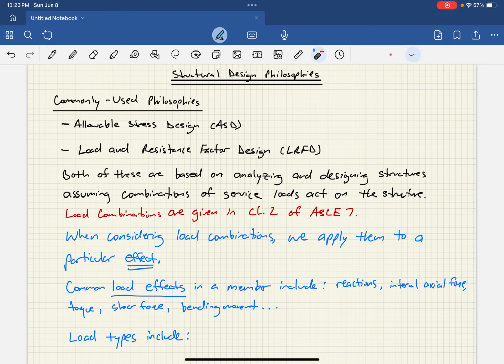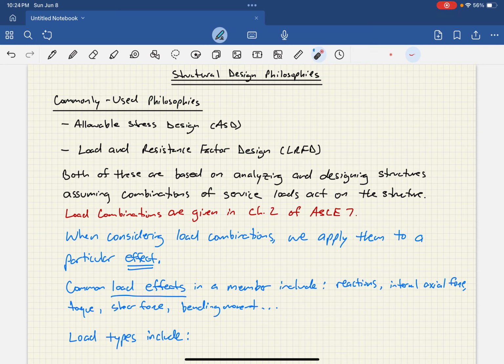These are the things that develop either as a reaction or within your structural members due to these applied service loads. So what we do is we say, okay, I'm interested in a particular load effect. Let's say, for example, I'm interested in a reaction, a beam reaction, Ay, for example.